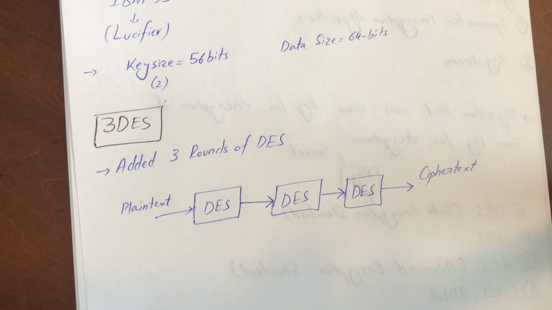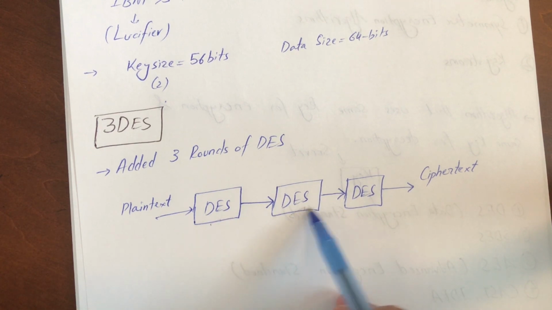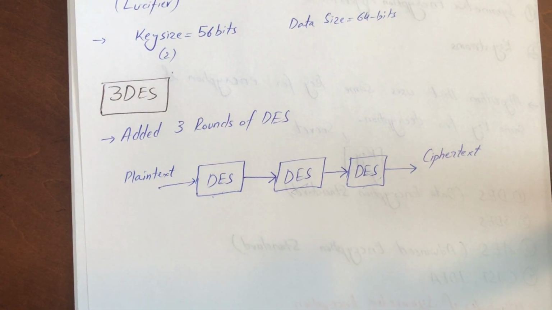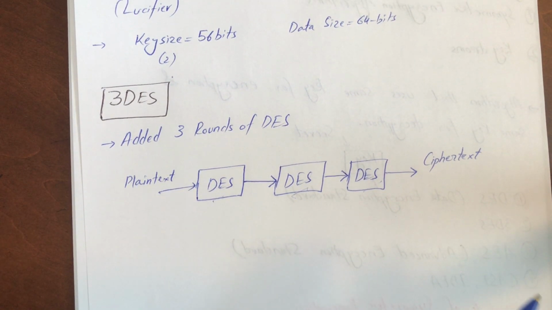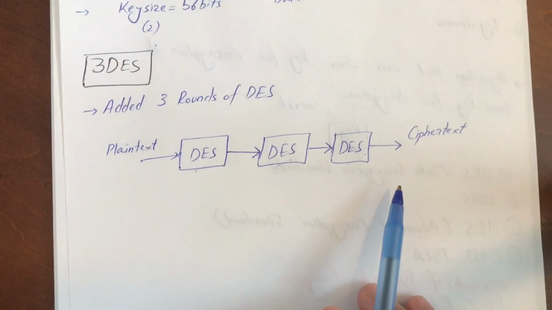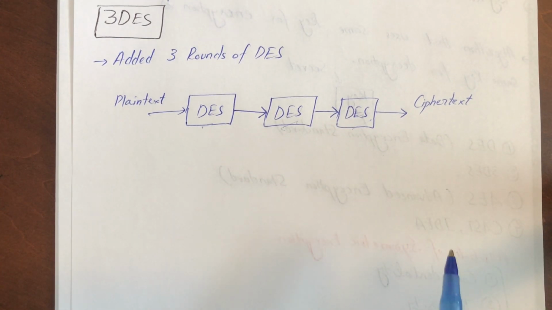Because we have more chaos, 2 keys here, 2 keys here, 2 keys here, the attacker has to crack 6 keys in order to decrypt the data. But since DES was vulnerable, Triple DES was also vulnerable to the same attack. Although it takes more time, eventually it is vulnerable.